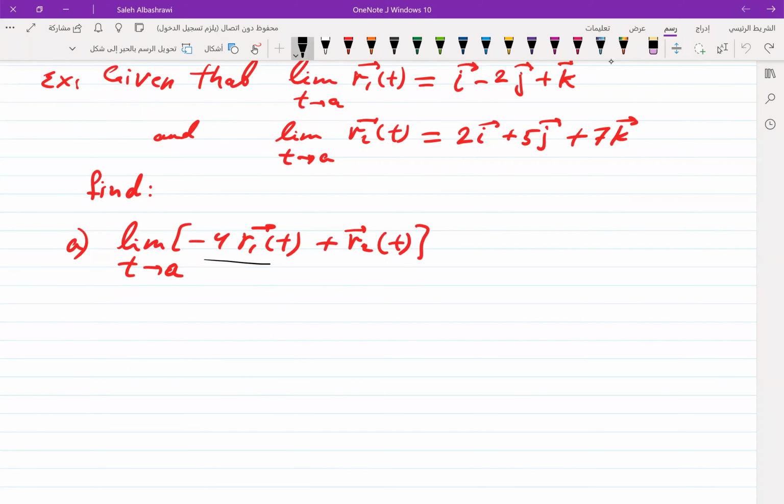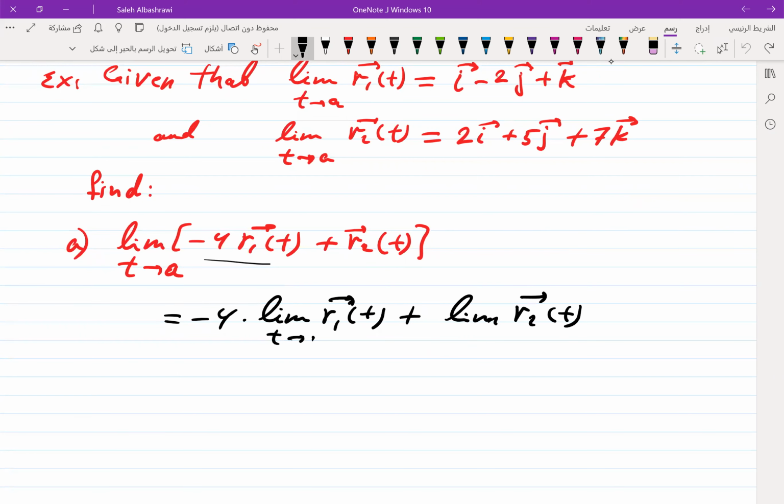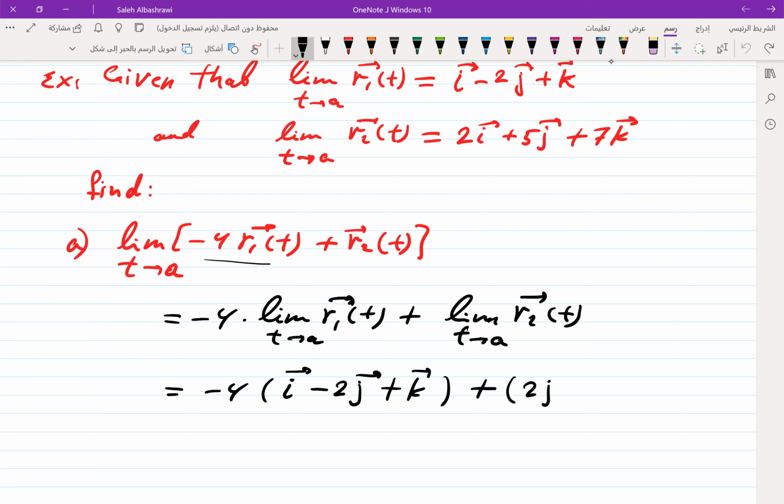So the first one will give me minus 4 multiplied by the limit of r1(t), plus the limit of r2(t) as t goes to a, which is equal to minus 4 multiplied by the limit of r1, which is given by i minus 2j plus k, plus the limit of r2, which is 2i plus 5j plus 7k.